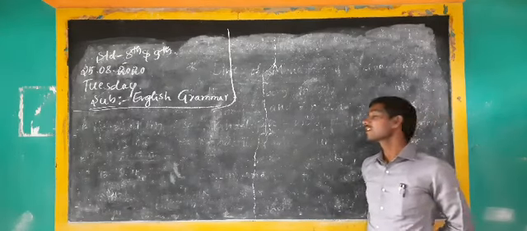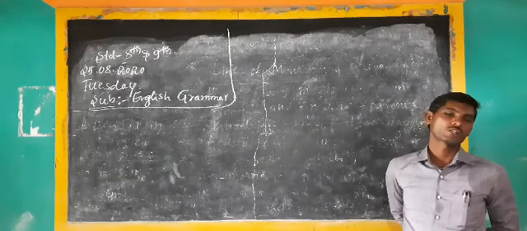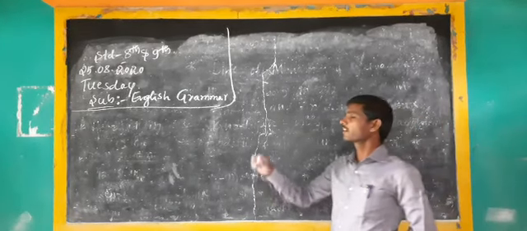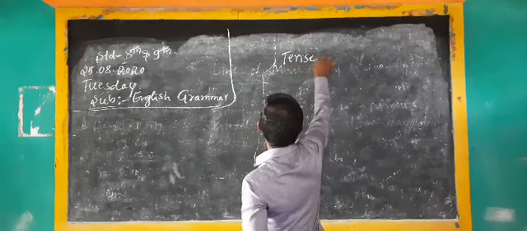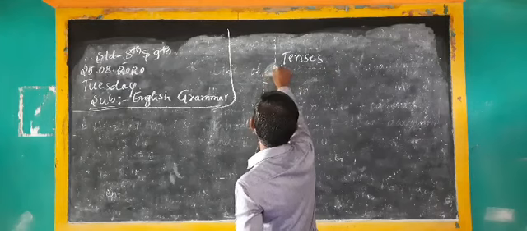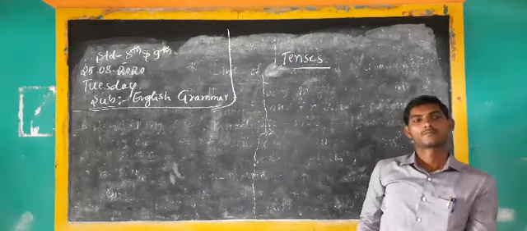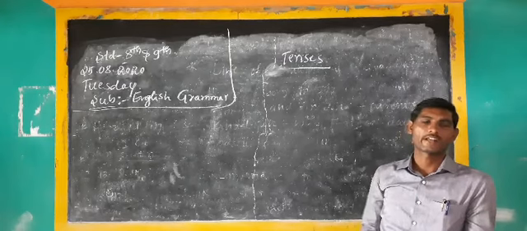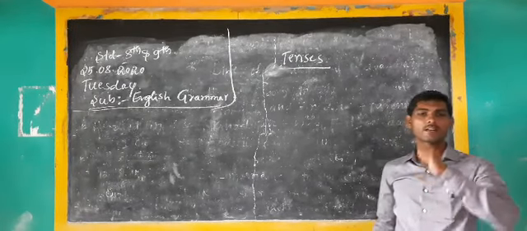So, it is a basic element of English grammar. In this session, we have to understand about tenses. Before we start about tense, first, we should understand the meaning of the tense.